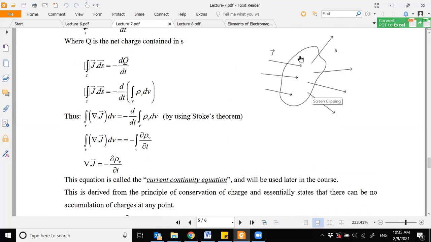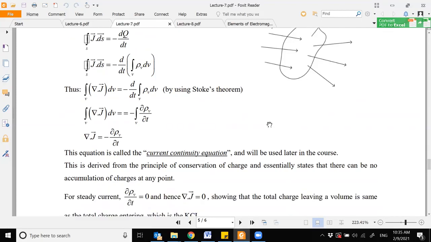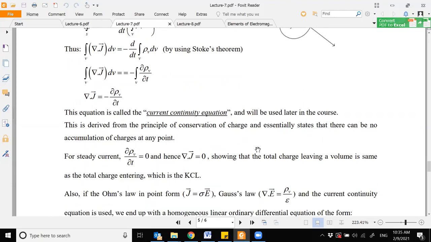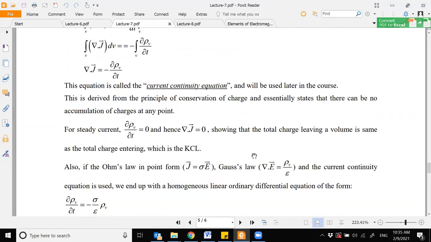The charges inside your closed surface must be equal to the outside charges. I mean to say whatever current or current density is inside should go outside. I'm talking about it with respect to time. So this is the current continuity equation.